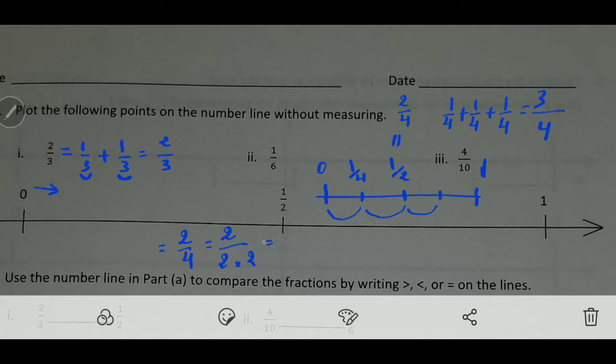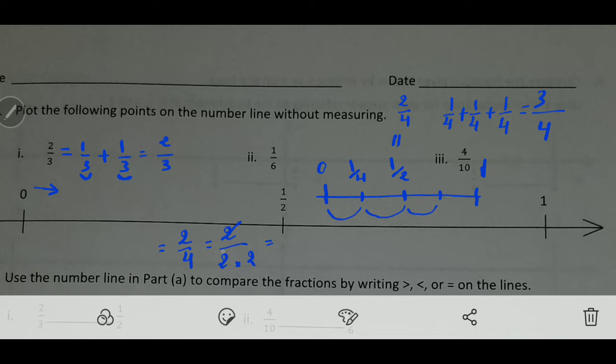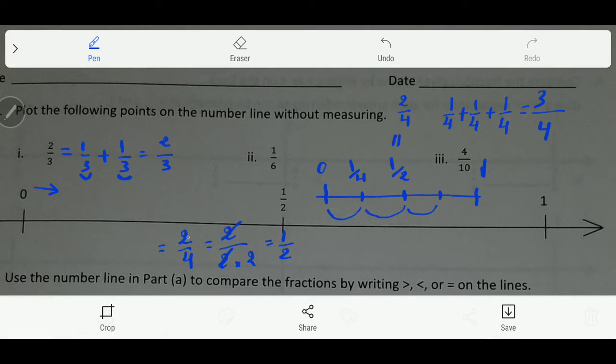Whenever you have the same numbers on the numerator and denominator, and you have a multiplication sign, they cancel each other like this. You're gonna end up with 1 over 2. So 2 over 4 is the same as 1 over 2.